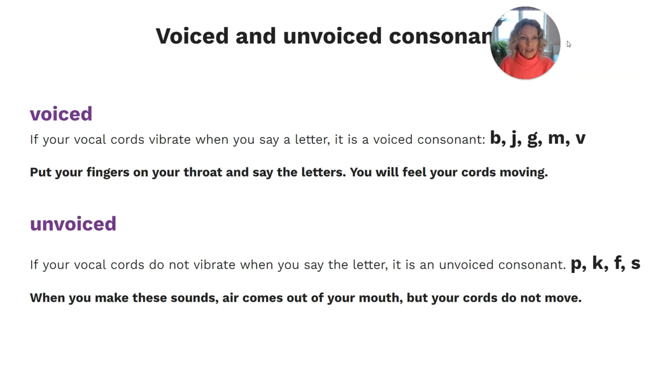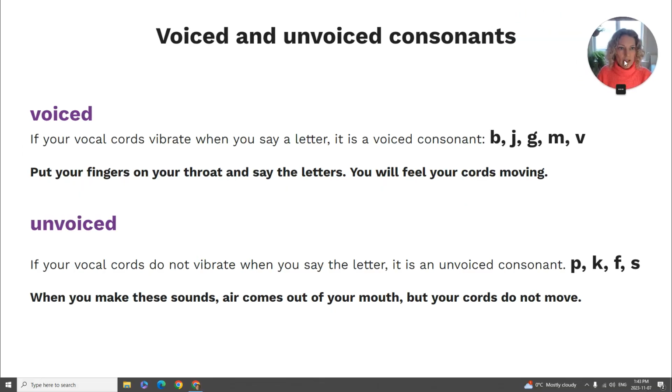So the rule here has to do with voiced and unvoiced consonants. Voiced consonants are consonants that require your vocal cords to vibrate. So when you say B, J, G, M, V, you can feel your vocal cords vibrating to produce those sounds.